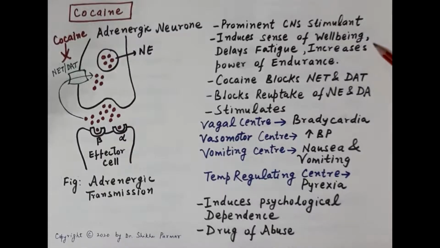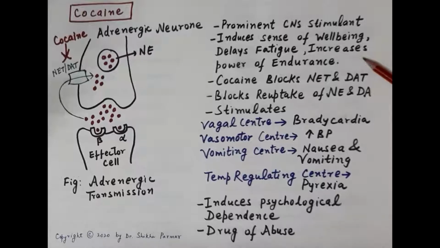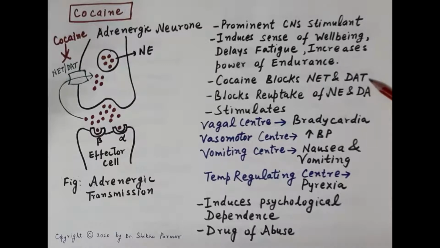It induces a sense of well-being, it delays fatigue, it increases power of endurance, that is, it increases athletic performance, it increases physical stamina, and therefore again the drug can be abused. Cocaine, as we have already discussed, blocks the norepinephrine transporter, that is NAT, and the dopamine transporter, that is DAT. It blocks reuptake of norepinephrine and dopamine.